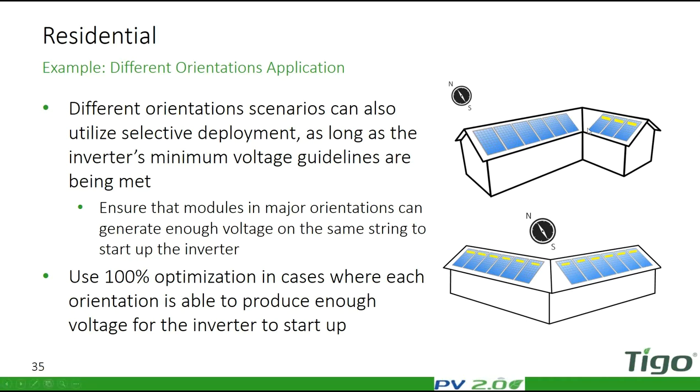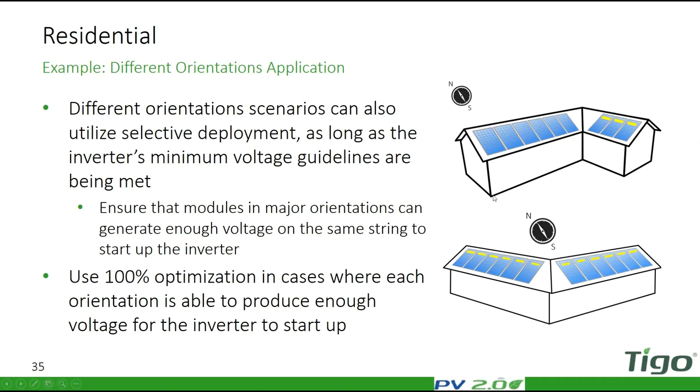So in this example, on the top, we actually have 6 modules that are not shaded, and 3 modules that have a bit lower irradiance just because of the way that they're facing. These modules will need to be optimized.